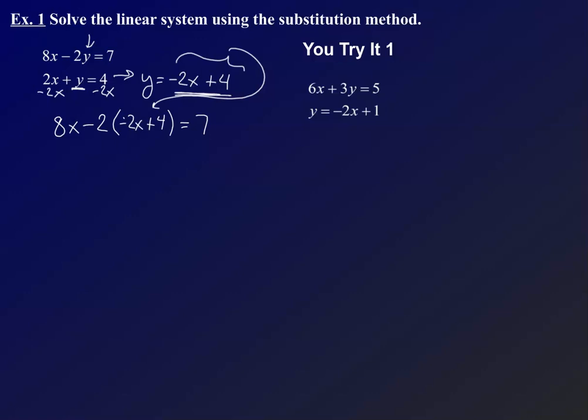Now I need to remember to distribute the negative 2 to everything inside the parentheses. So I can start by bringing my 8x down. And this is a negative 2 times negative 2x. So plus 4x. Then my negative 2 times 4 is negative 8.